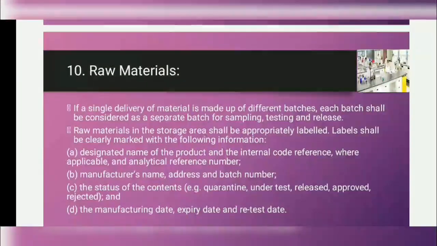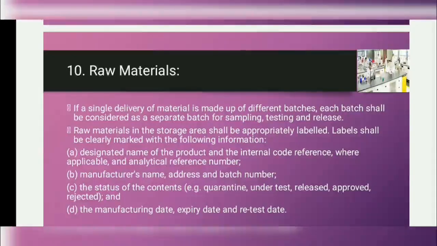If a single delivery of material is made up of different batches, each batch must be considered as a separate batch for sampling, testing and release. So if a single delivery consists of different batches, we consider each as a different batch and not as a single batch, and we do sampling and testing for each batch.